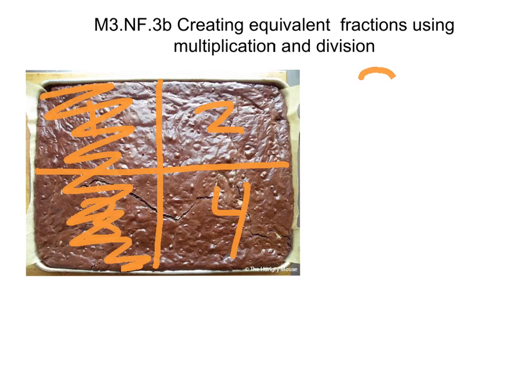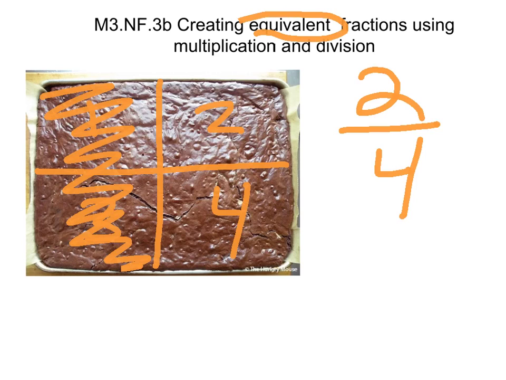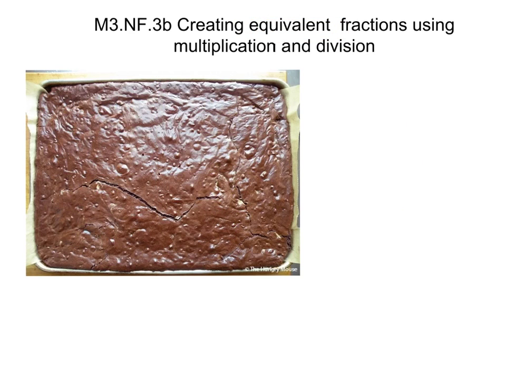So now I've shared 2 of the 4 pieces. So 2/4 is equivalent to 1/2. Because if we remember the last brownies, we had just 2 pieces, and I took 1 piece, the piece that was over here.